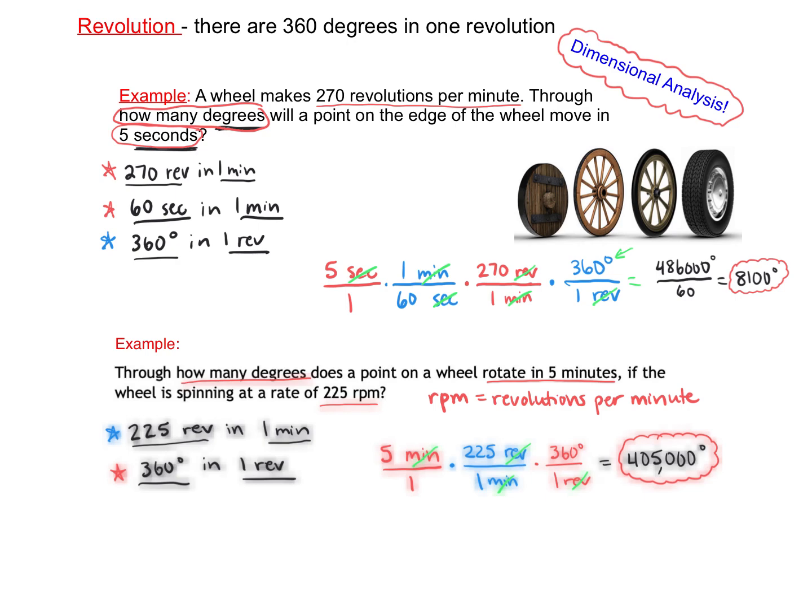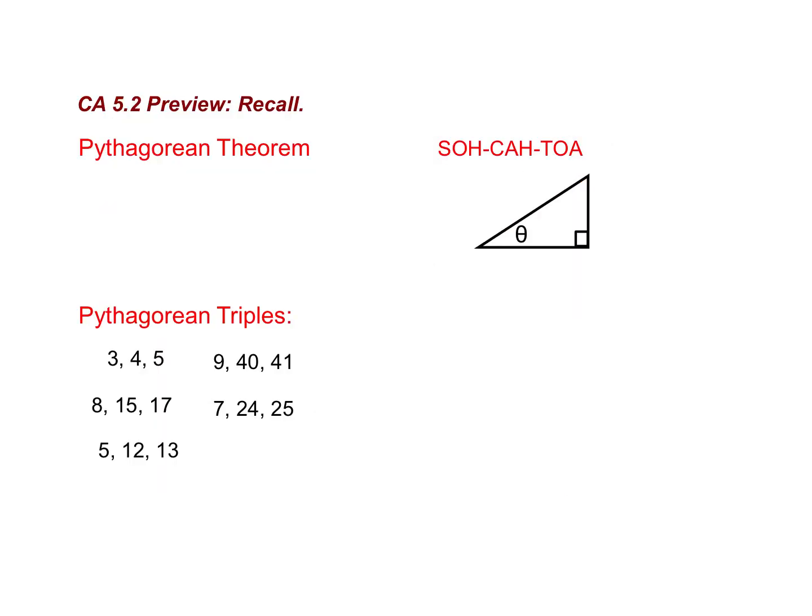So the minutes cancel, and then we have to eliminate the revolution unit, and so we can work with the 360 degrees in 1 revolution. And again, having our dimensional analysis work for us, that will lead us to our final answer of 405,000 degrees.